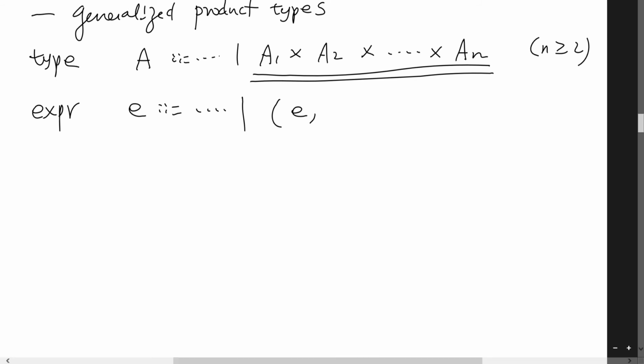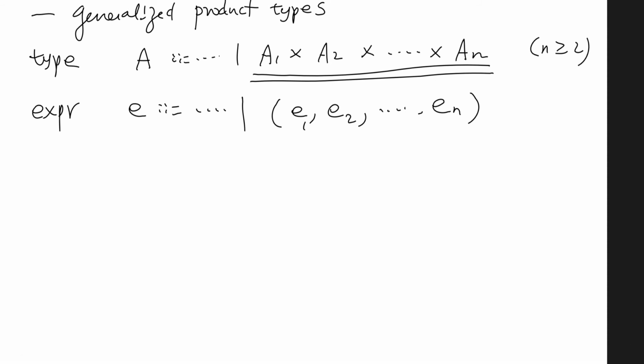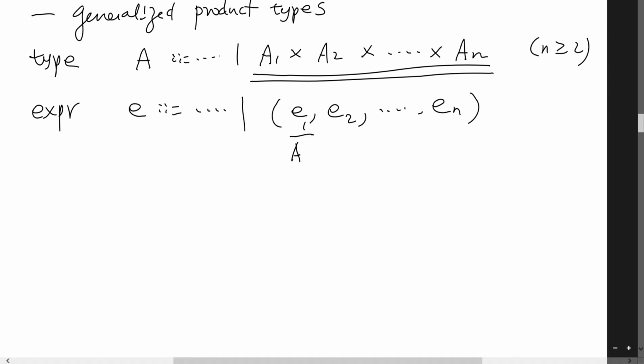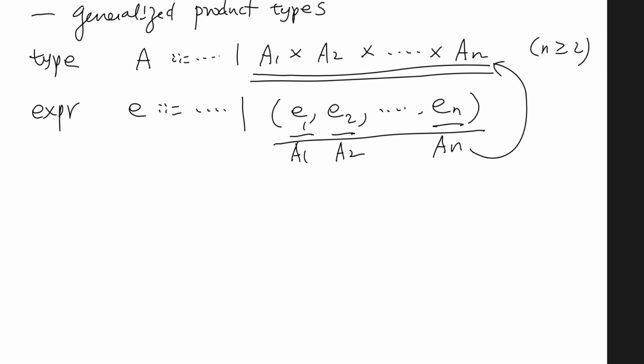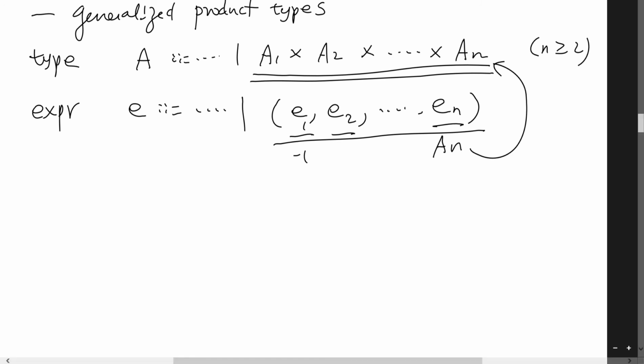So we can enumerate E1, E2, and different expressions inside these parentheses. So that's the idea. So, for instance, if expression E1 has a type A1, expression E2 has a type A2, and expression En has a type An, then this expression will have this generalized product type. And for historical reasons, this new form of expression is called a tuple.